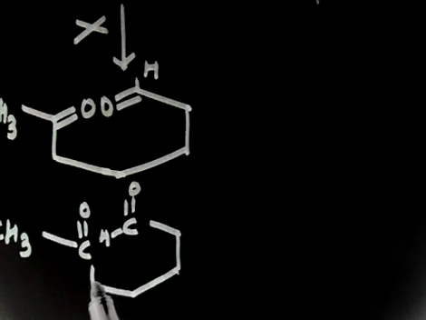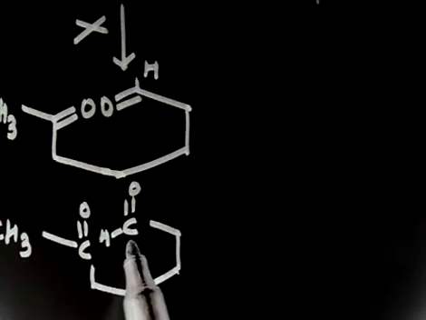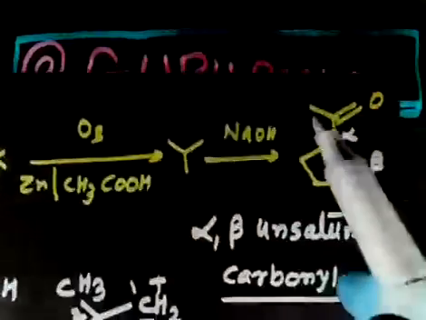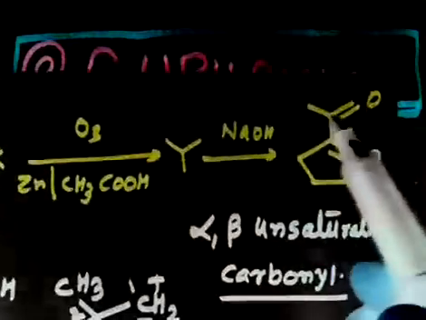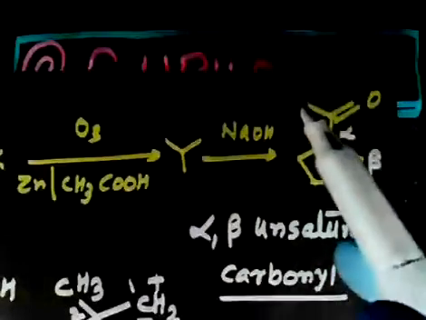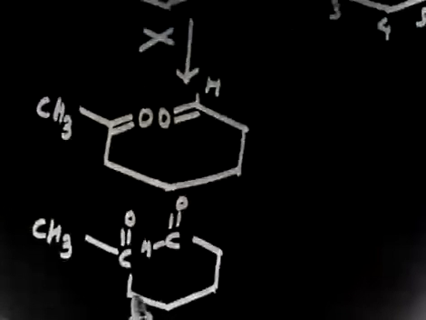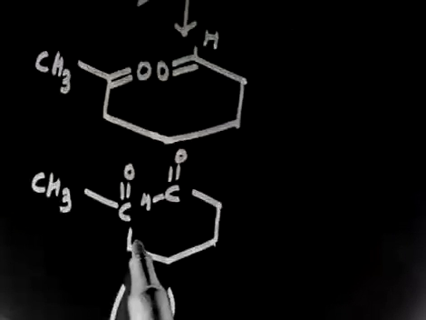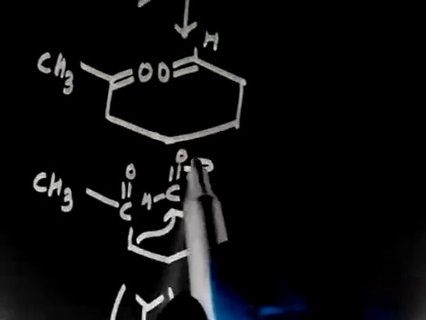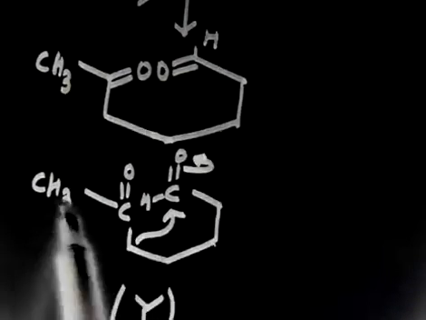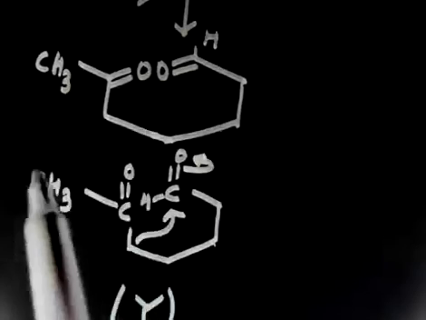But if I make a carbanion here and attack here, in that case I will get the compound. Because after aldol condensation, I should have a CH3CO group that is outside of the ring. And that is possible only if I make a carbanion at this carbon and attack on this carbon. Are you getting? Then CH3CO gets untouched and this is outside the ring.